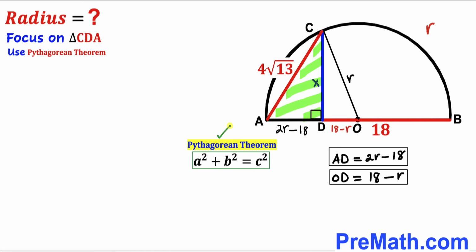And here's our Pythagorean theorem: a square plus b square equal to c square. And in our case, our hypotenuse is 4 times square root of 13, whereas our two other legs are 2r minus 18 and lowercase x. Let's go ahead and fill in the blanks in this Pythagorean formula.